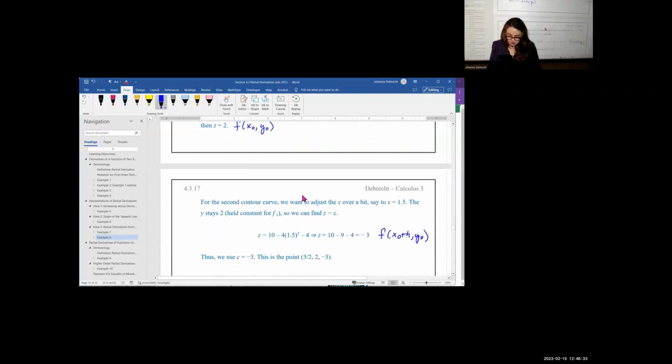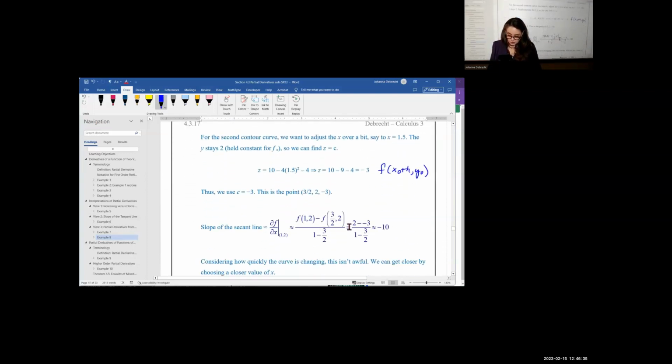Then I take the difference between the two values, 2 minus -3, and then I subtract the x coordinates, 1 minus 3 halves, and I end up with about -10. But I believe when we did this, we got a slope of -8. So this isn't all that exact. What's the problem? Why is this so far off? It's not horrible, but it's definitely not that close. Why is it so far off?